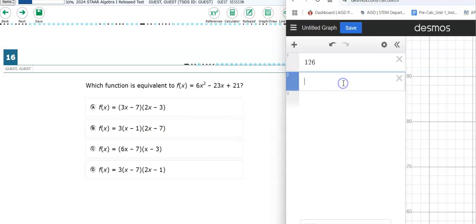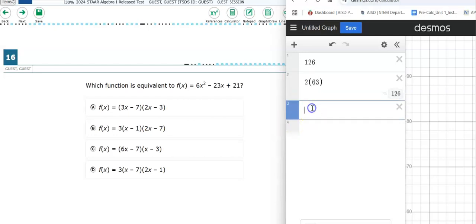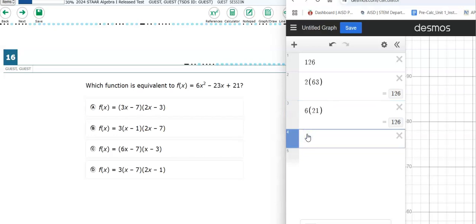Okay, so I gotta break that down. 2 times 63, that's 126, but those do not add up to 23. Let's just go. No, that's not it. 6 times 21, that's also 126, but those add up to 27. What else? 18 times 7.